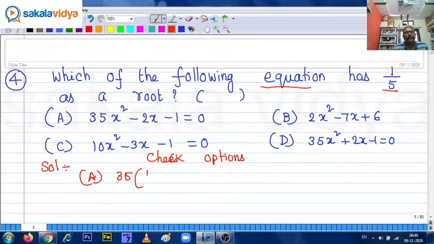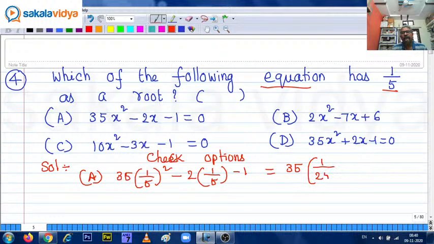35 into (1 upon 5) whole square minus 2 times 1 upon 5 minus 1. This is equal to 35 into 1 upon 25 minus 2 upon 5 minus 1.